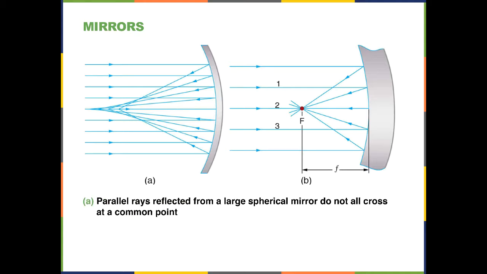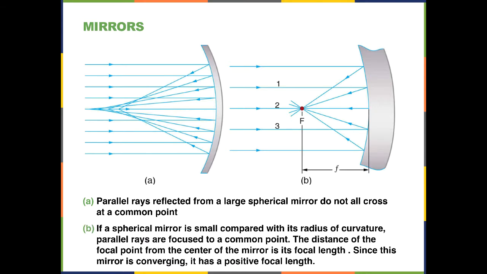When you have parallel rays on a large spherical mirror, they don't cross at a common point. But if a spherical mirror is small compared to its radius of curvature, then the parallel rays will focus on a common point known as the focal point, and the distance from the center of the mirror to the focal point is called the focal length.